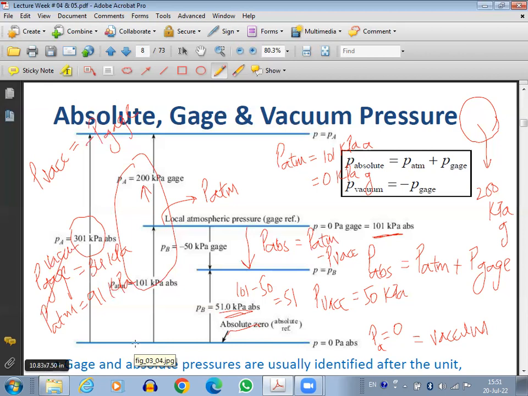Okay, tell me one thing: if P absolute is 100 kilopascal and P vacuum is 30 kilopascal, then what will be P atmosphere?